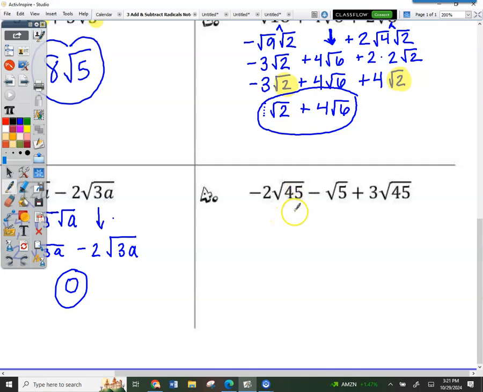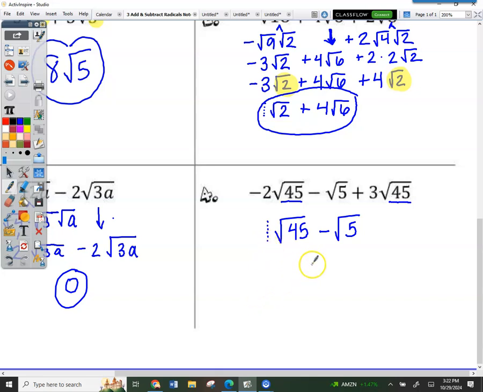So that's one way you can do it: if you notice this matches this one, we're going to combine them and we end up with positive 1 square root 45. What's negative 2 plus 3, y'all? Positive 1.